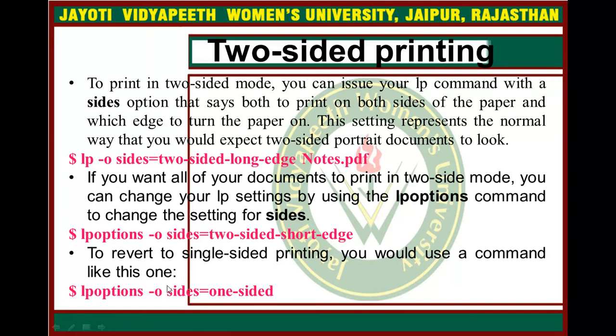To revert to single-sided printing, you would use a command like lpoptions -o sides=one-sided. So if you want two-sided printing, you have to use these commands, and to revert back, it is one-sided by default.